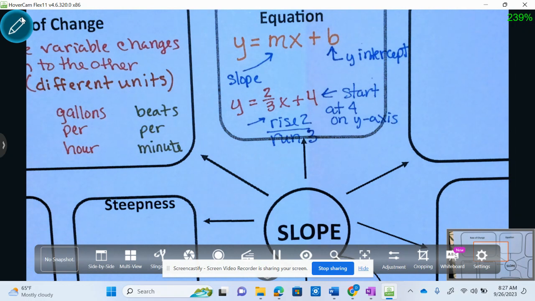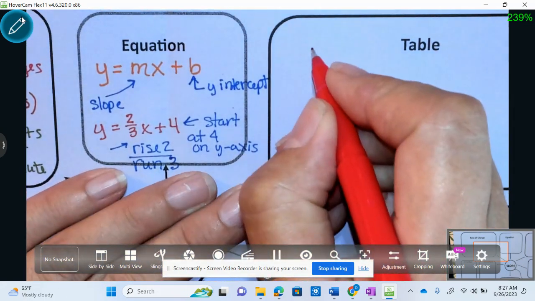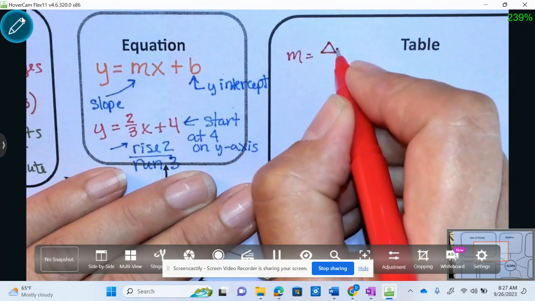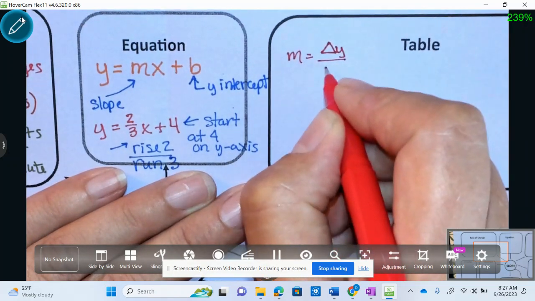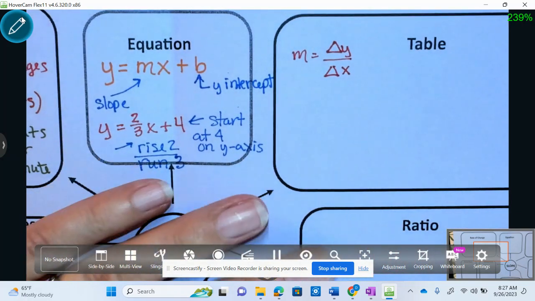When we look at a table of values, do you guys remember what we're looking for to find the slope? Well, remember that our slope equals our change, I'm going to use that delta symbol, our change in y over our change in x. So let's just make a table of values.